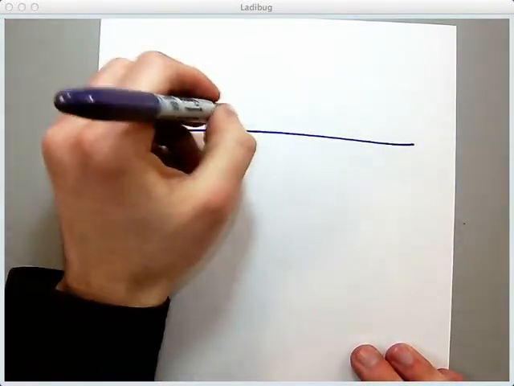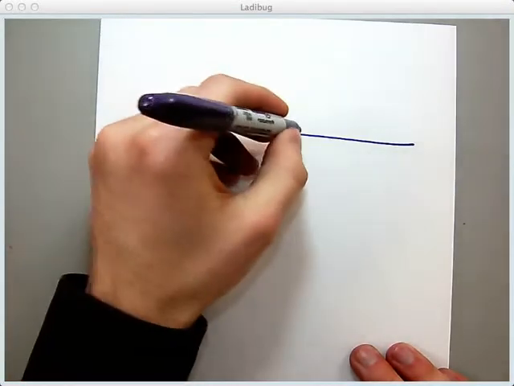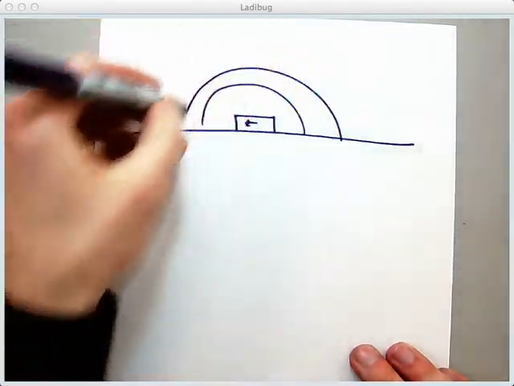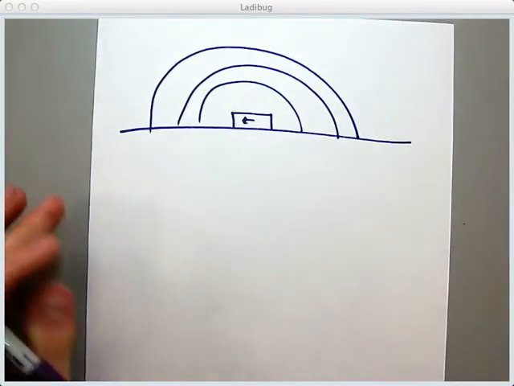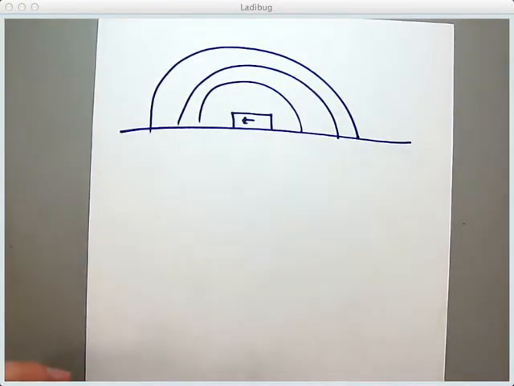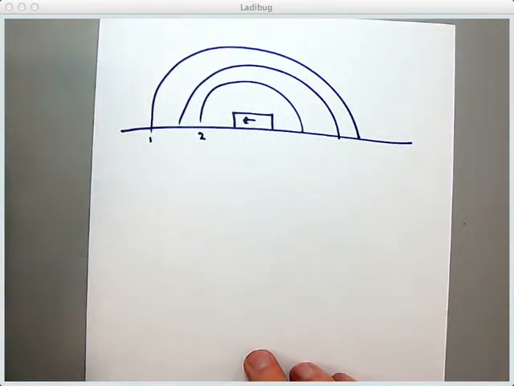All right. So let's say I have a car. That's my best car drawing ever. It's a car, and there's a rainbow. No, that's sound waves. Okay, so that's a car. It's making some sound waves. You see those sound waves traveling out, right? Which one of these sound waves was made first, sound wave 1 or sound wave 2?